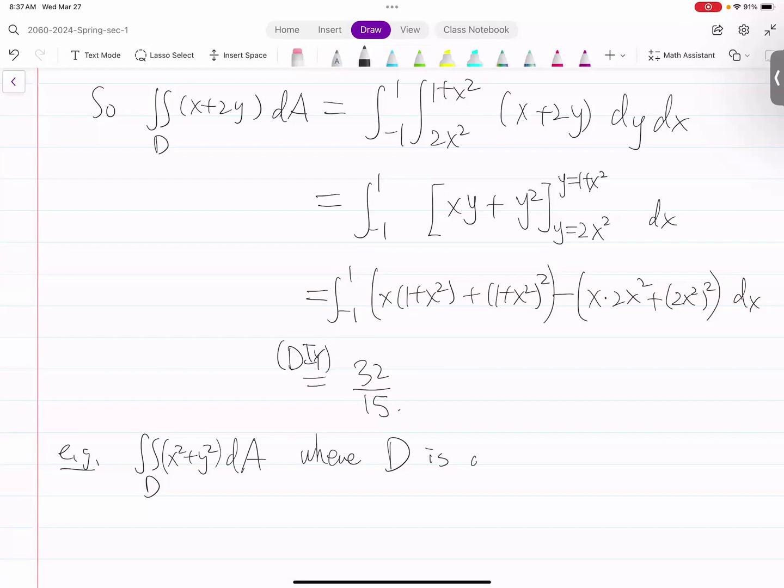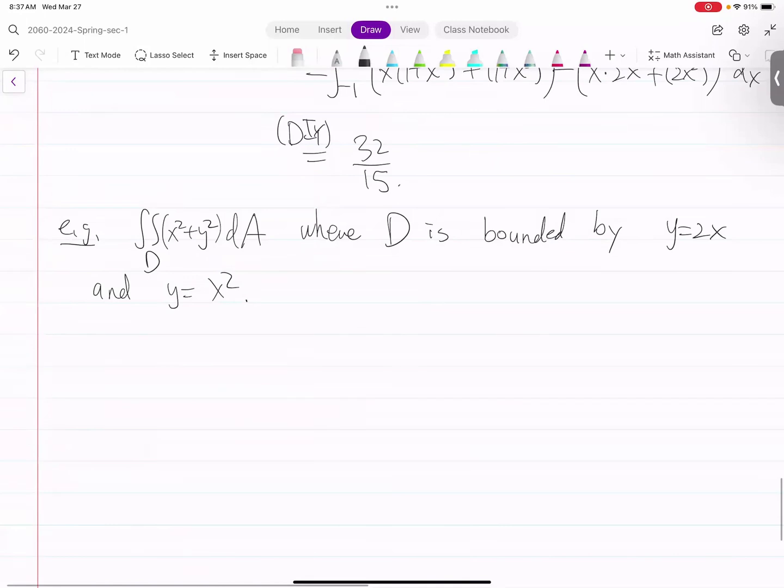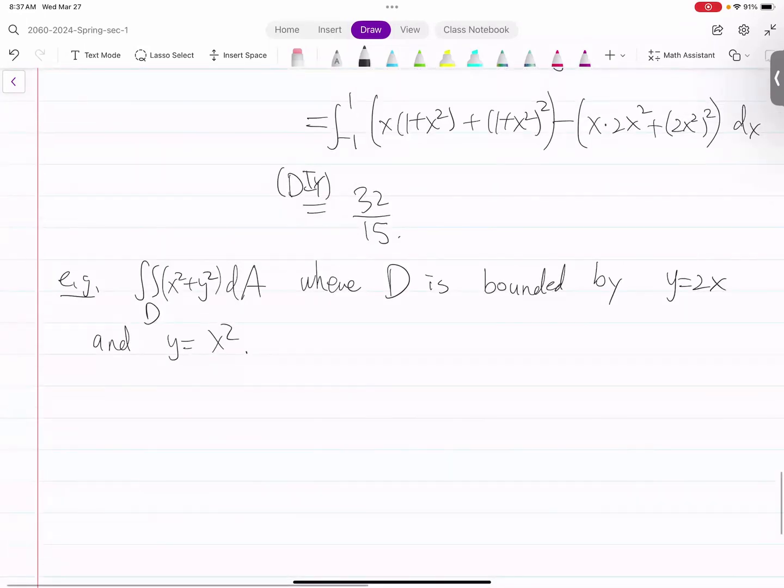And D is bounded by y equal to 2x and y equal to x squared. Okay. We have the line and the parabola. And here we only describe the region D by saying this bounded. So we have to sketch the figure for the region D in the xy-plane.